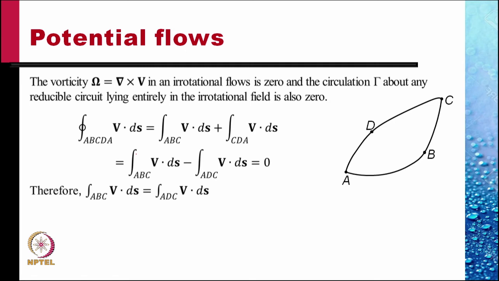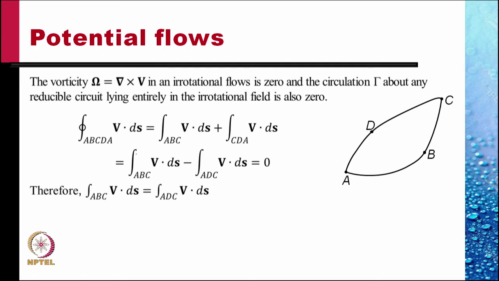We can reverse the direction from CDA to ADC to get the circulation about the whole circuit as the integral of V dot ds over ABC minus the integral over the path ADC.